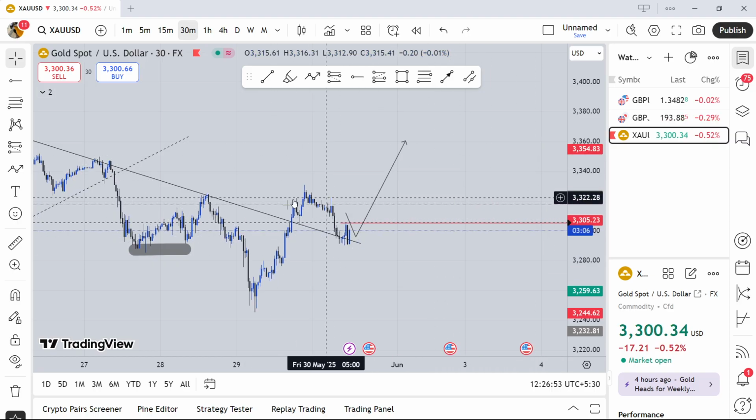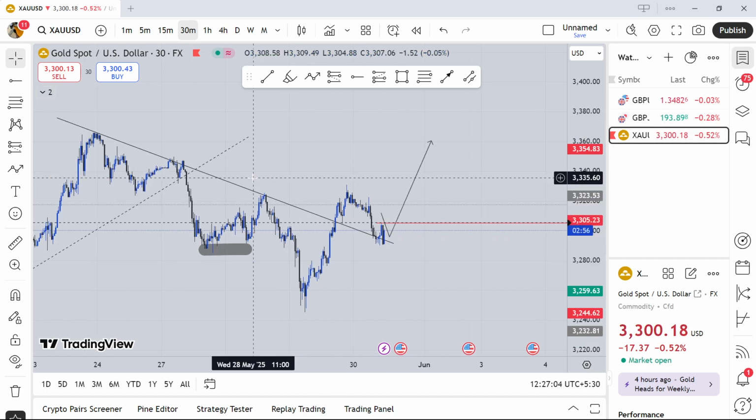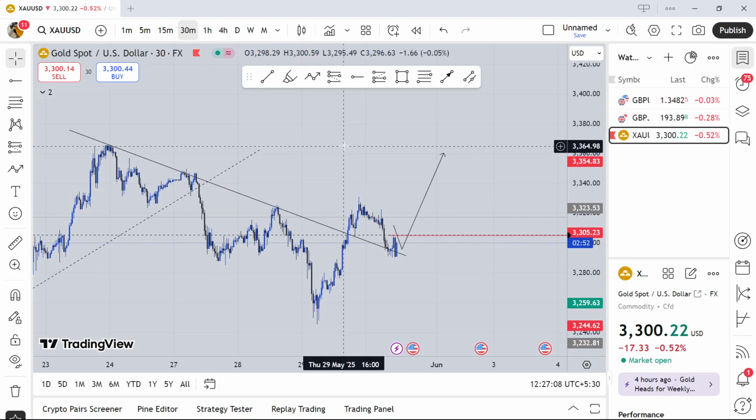So this is what we got to wait and see what the market does. On gold, buys on gold, that's a clear breakout, that's a clear retest. So let's watch out and see what the market does.